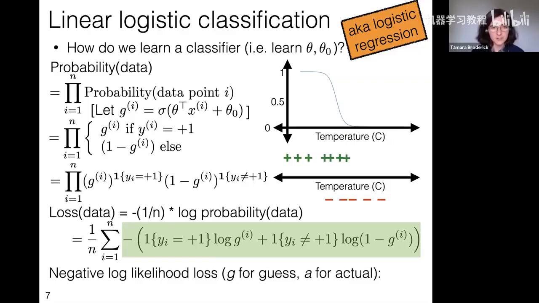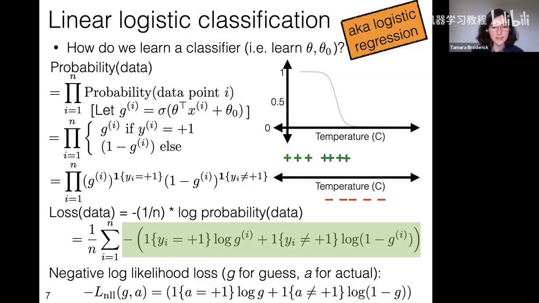And again, we have this sort of thing where we think of g as being our guess and a as being our actual value. And so writing that in, this is what we get. So we're taking this negative log likelihood loss, so L sub NLL. Our guess is a little bit different than in the past. In the past, our guess was something that was really binary. It could just take 2 values.